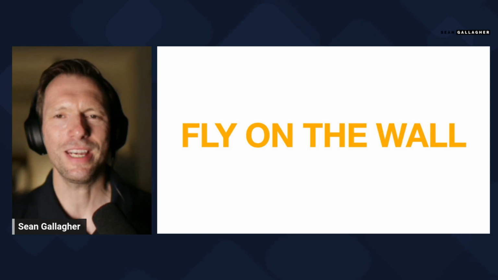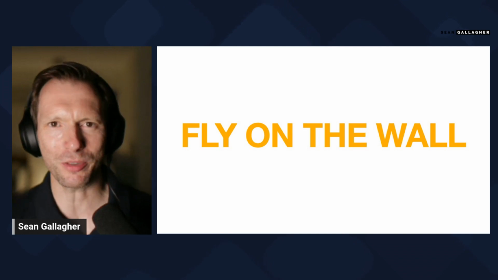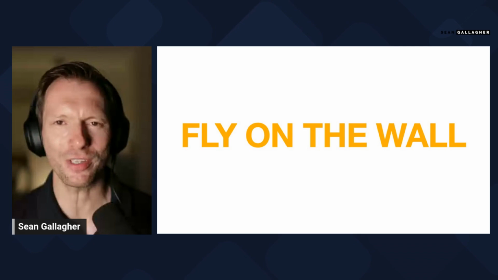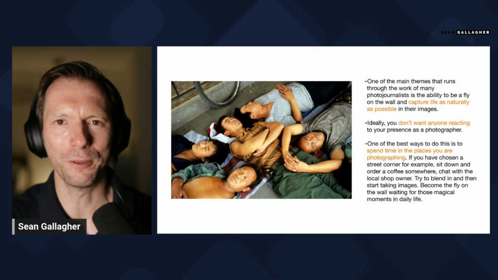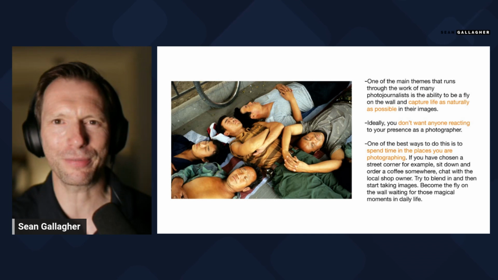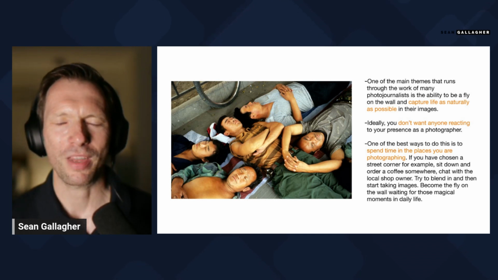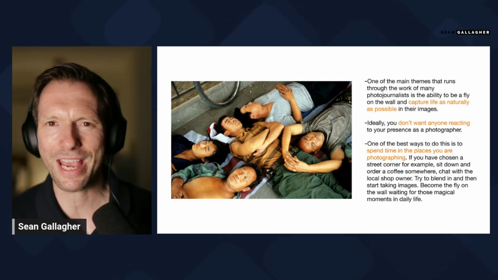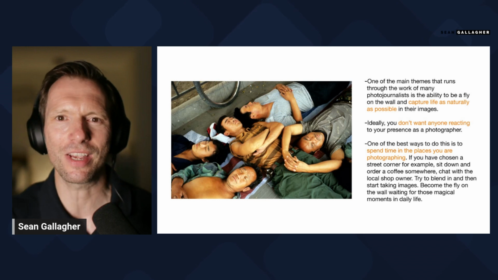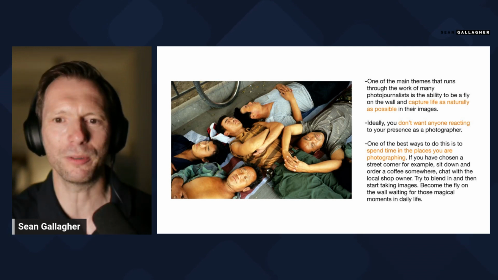Okay, so the next technique that I want to talk about in terms of street photography, this one's really important, and this one is called fly on the wall. Now, as you may be able to imagine, this technique is about becoming a natural observer within an environment, with the aim of trying to capture scenes as naturally as possible.